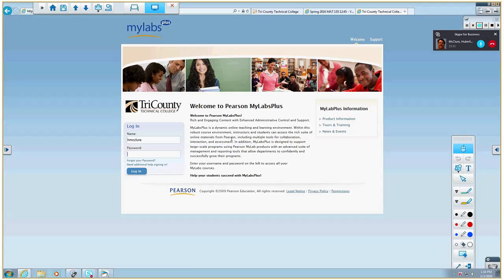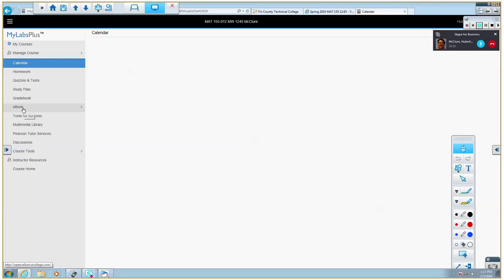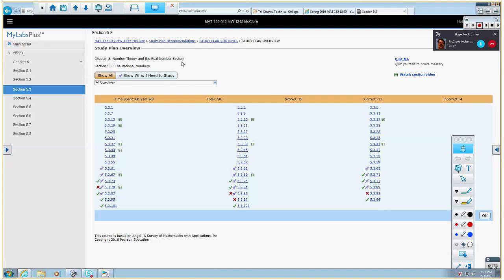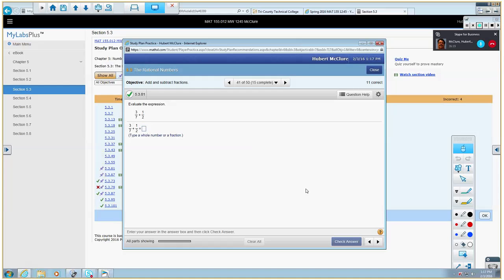Let's see, chapter contents, our ebook, chapter 5.3, study plan. Because we did some of these the other day, but we didn't move into the problems of multiplication, and we did these. So let's see, where are they?